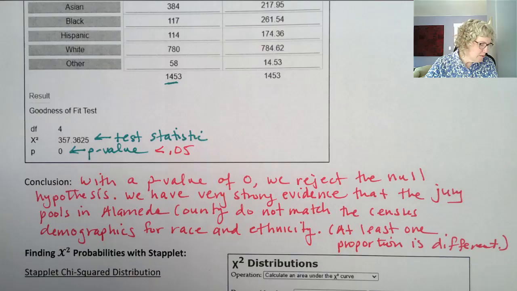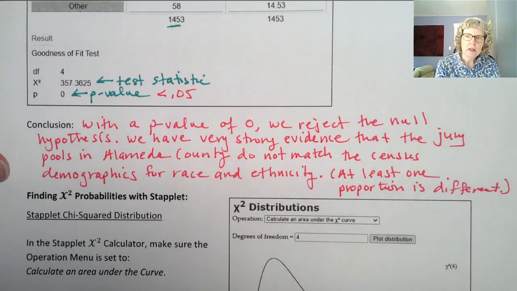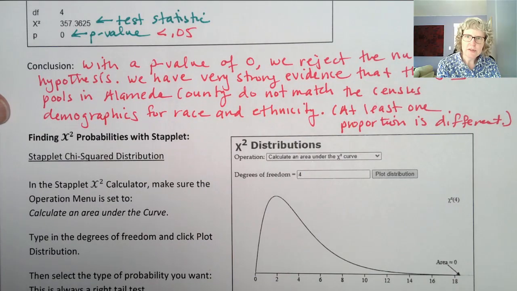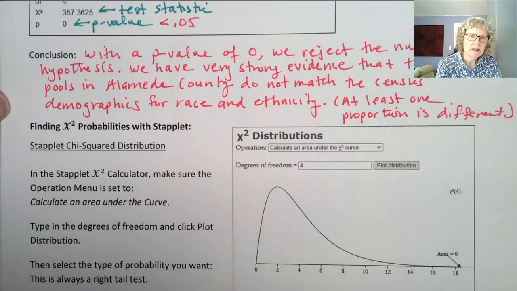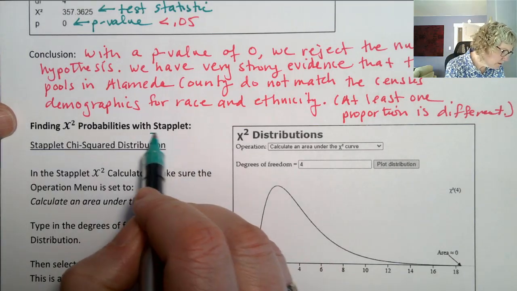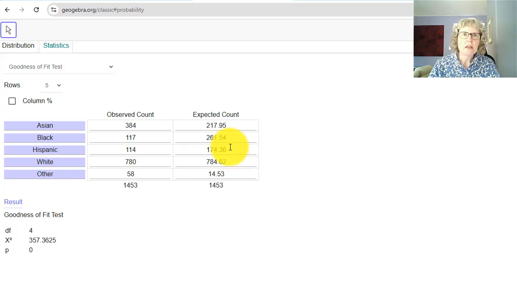So let me show you how we can get this p-value using, well, let's go to the distribution. As you might imagine, there's a Statplet for that. Finding chi-squared probabilities with Statplet. Okay, let me go over there and show you how this works.